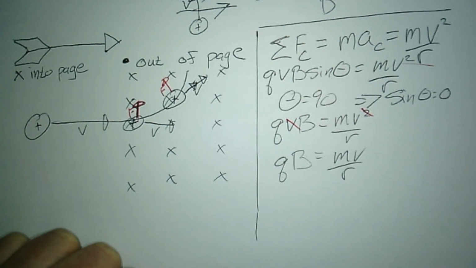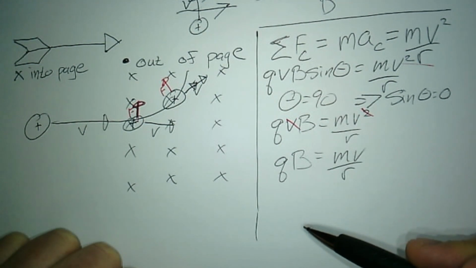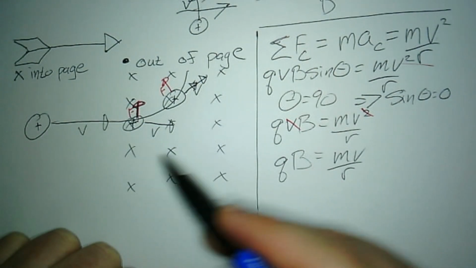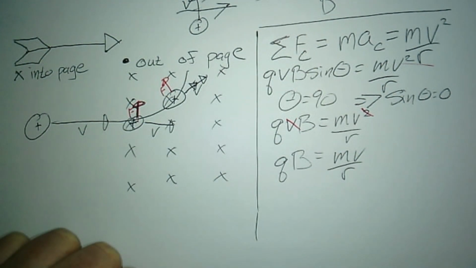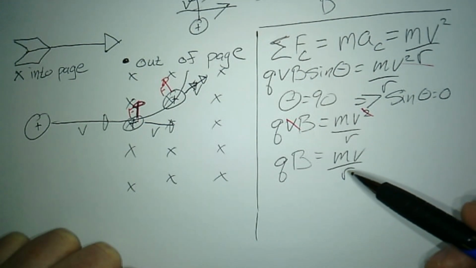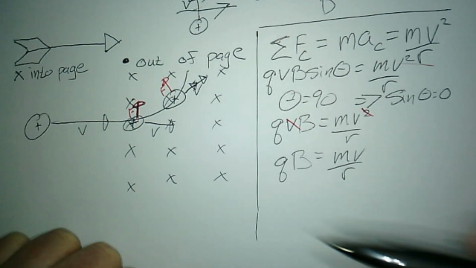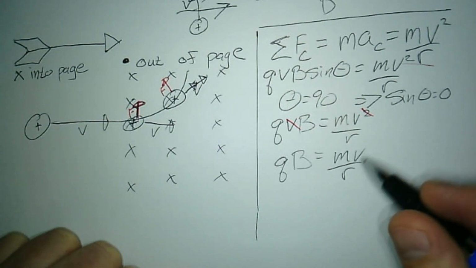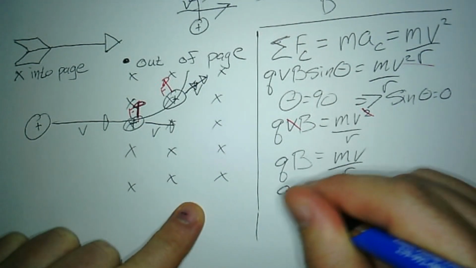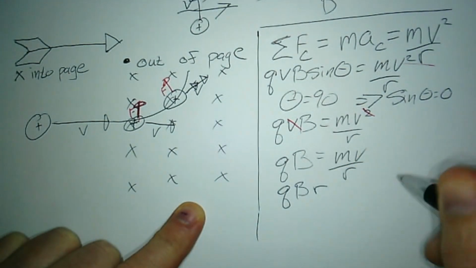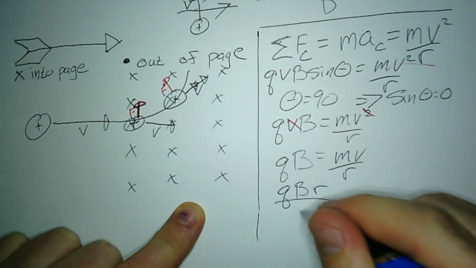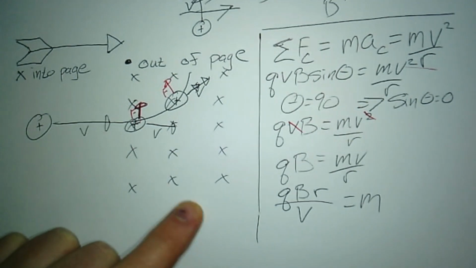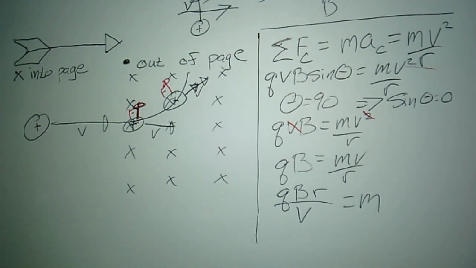You know it's got a charge of 1, let's say, and you can measure the radius as it goes through, and you know the magnetic field you're applying. And you know the speed it's coming in with because you shot it in there. And you're looking for the mass. Well, we're just going to multiply by r, say QBr, divide by v, and that is equal to mass. And that's how we're going to solve that problem.